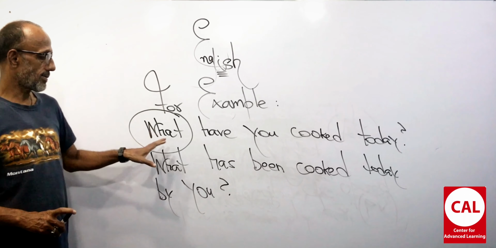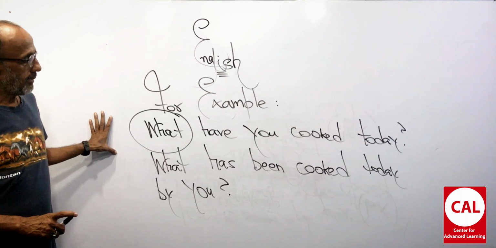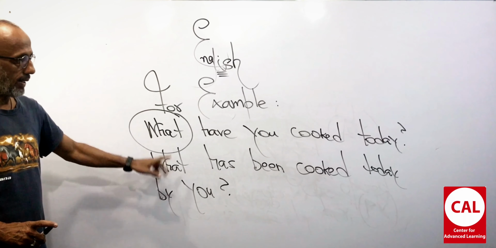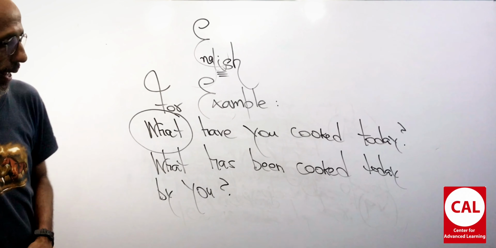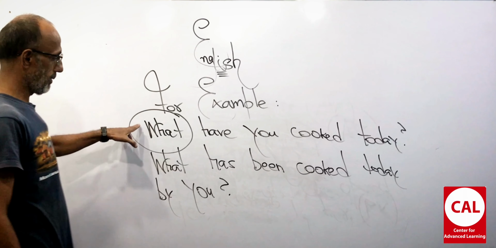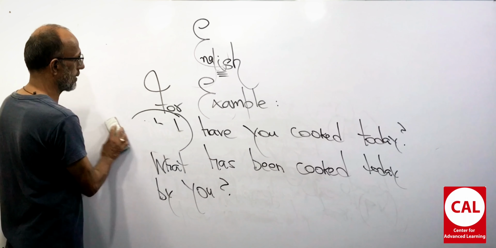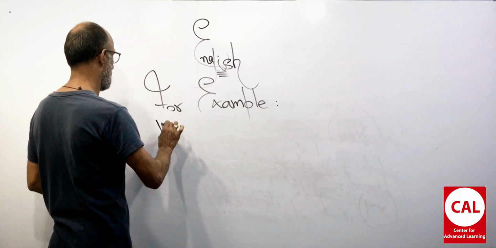Whenever the sentence is given with WH, the subject becomes what? Object, whenever we change from active to passive voice. In this case, what will happen? The subject will become object as well. But there is one more sentence in WH. For example, who drove the car?